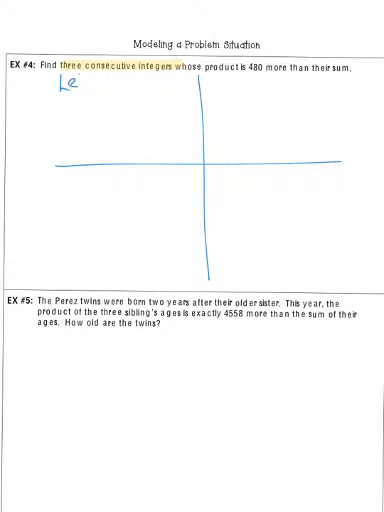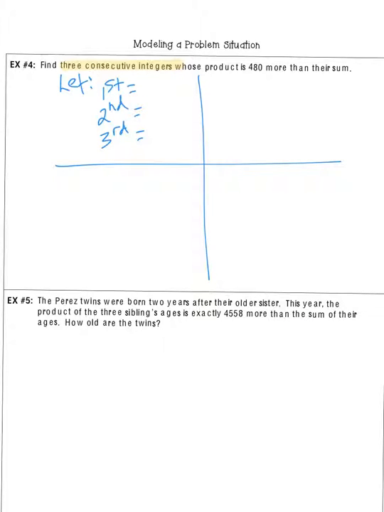So I'm going to let my first equal something, my second equal something, and my third equal something. So consecutive integers, if you'll recall, are numbers that are one right after the other, like 1, 2, 3, 5, 6, 7. They can be positive, negative, they can include 0, but they have to be integers, no fractions or decimals.